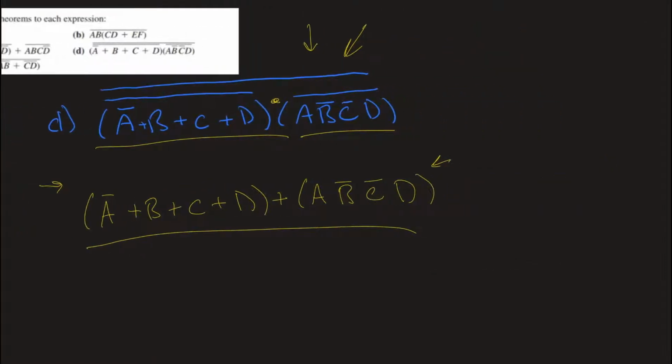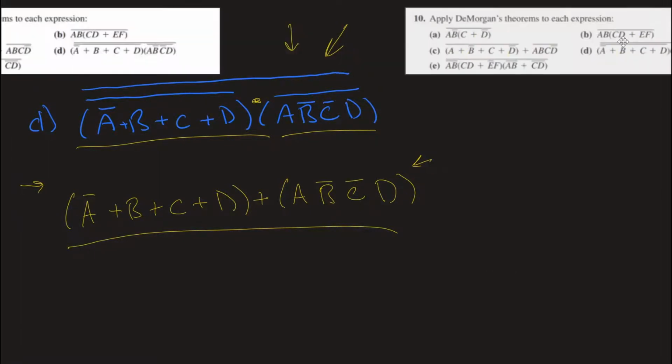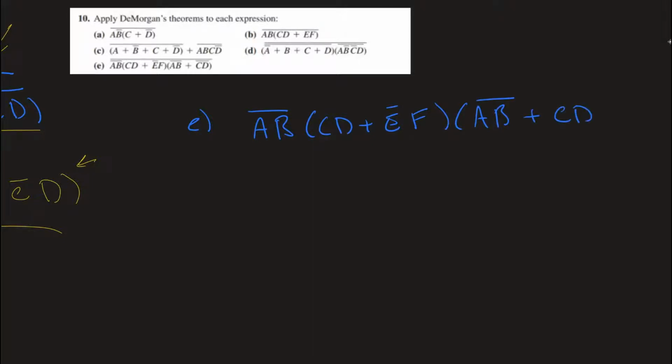And then the last one, for the last one, we had E, A, B, overbar, C, D, or E naught, F, A, B, overbar, or C, D, overbar.